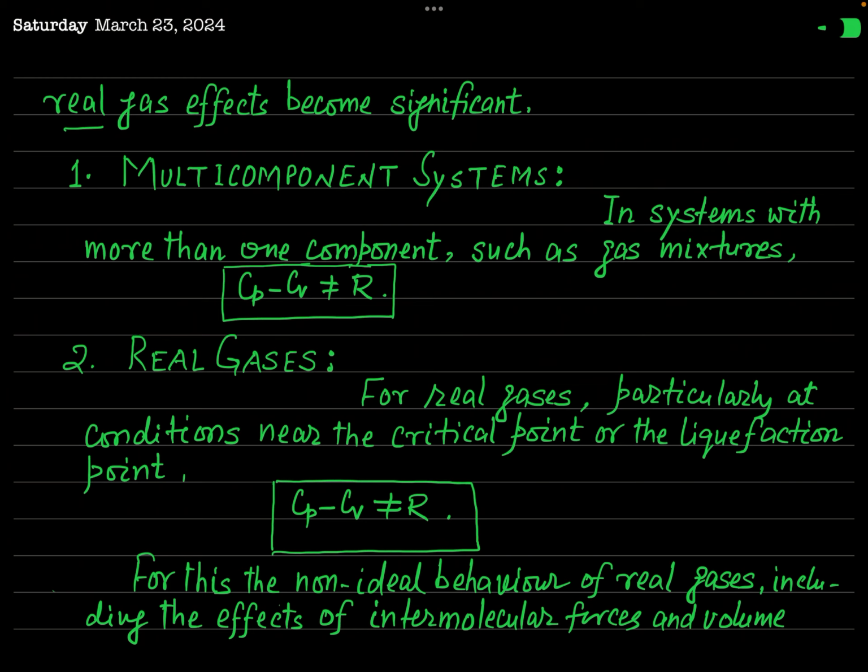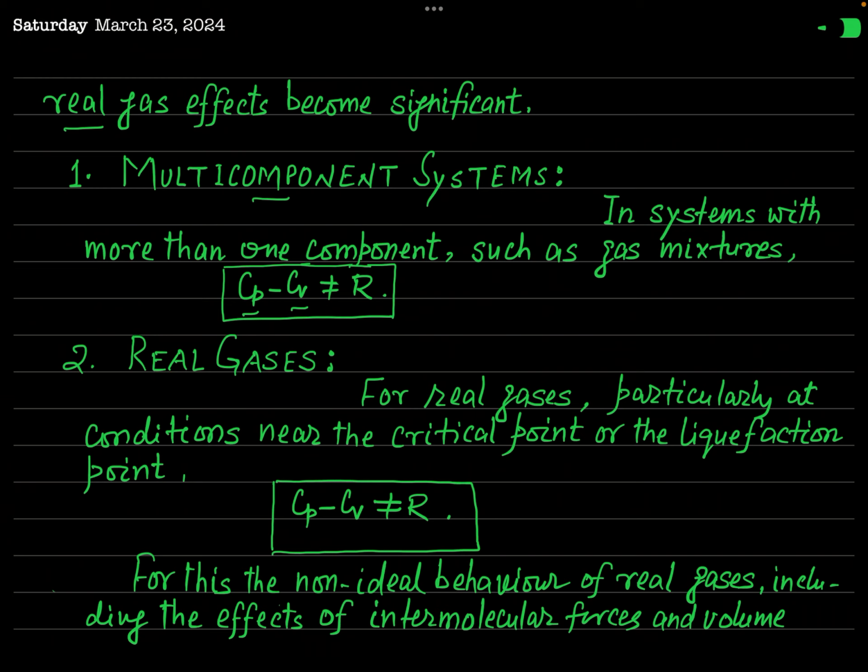So let us see, I have mentioned here five situations or five types of system when this result is not strictly followed. The first example is multi-component systems. Actually, for multi-component systems, it is seen that Cp minus Cv equal to R no longer holds.